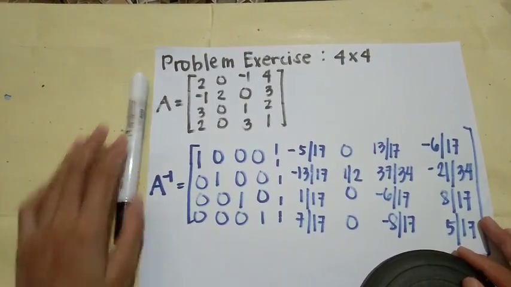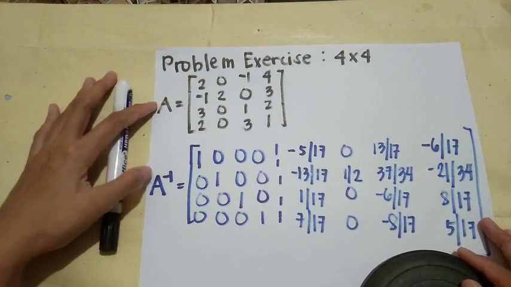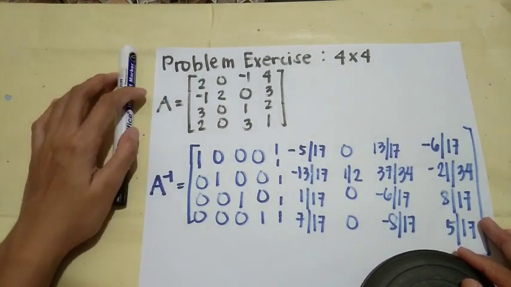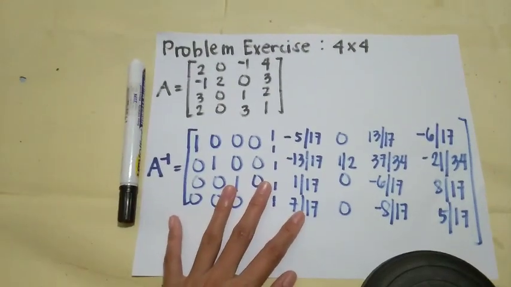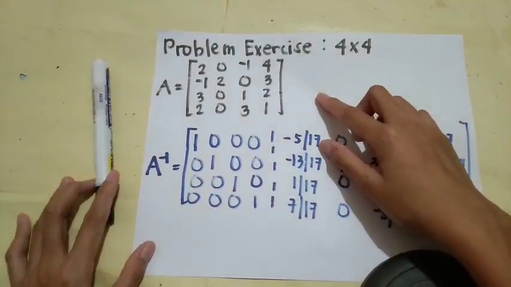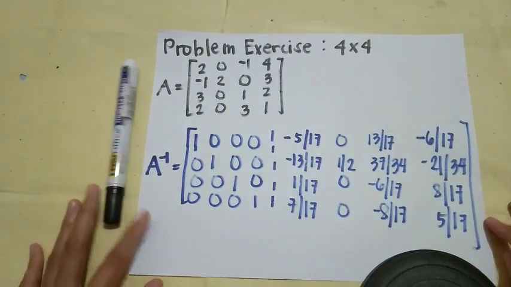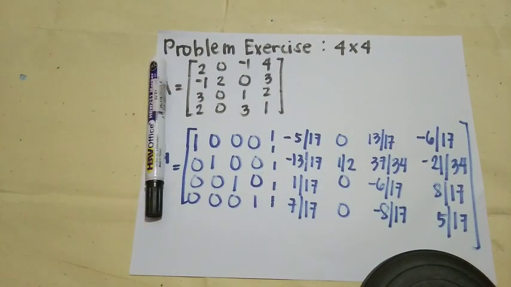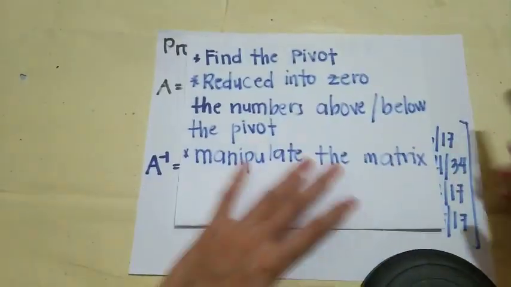You have to get how this A matrix here becomes A inverse here using the identity matrix by Gaussian elimination. So you have to perform the following, then come up with the same answer here. It might be difficult for you, but it's the same process.